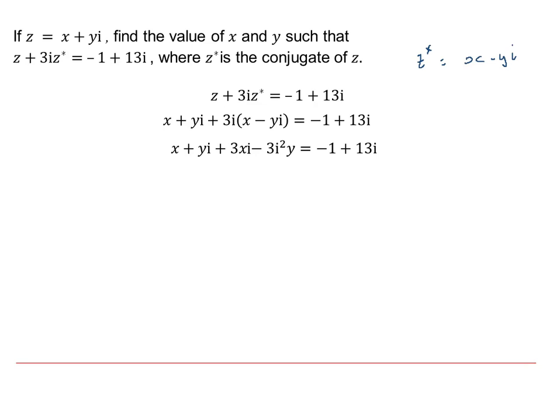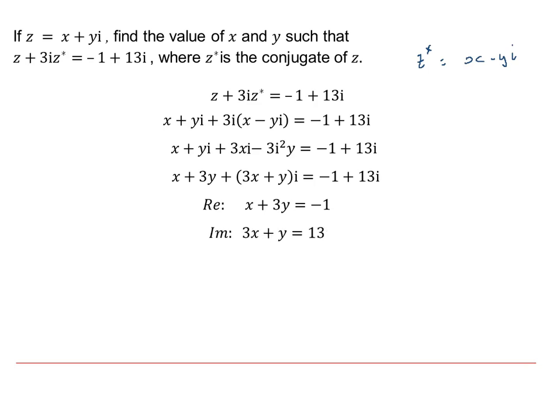So we've got x plus 3y, and then 3x plus y for the imaginary part. Once we've done that, we can equate the real parts and the imaginary parts on each side of the equation. The real part, x plus 3y, is equal to negative 1, and the imaginary part, 3x plus y, is equal to 13.